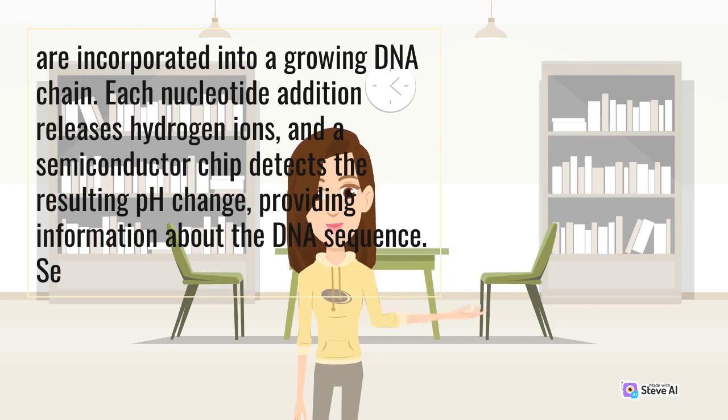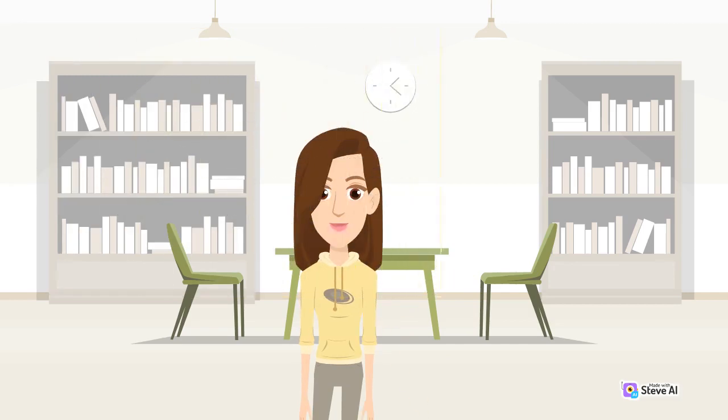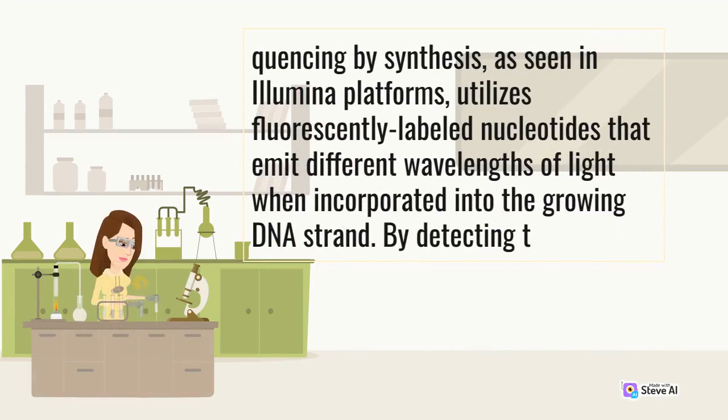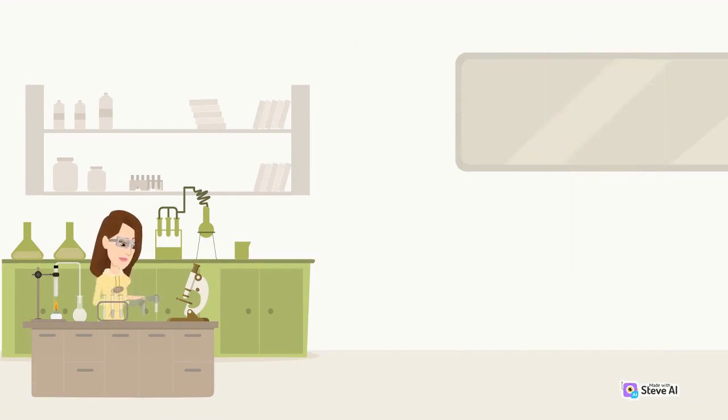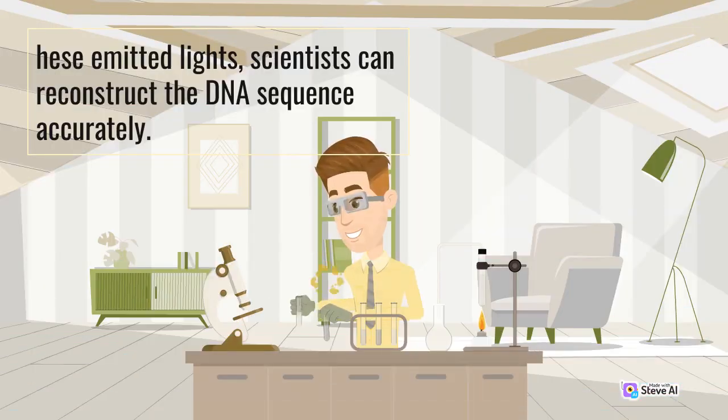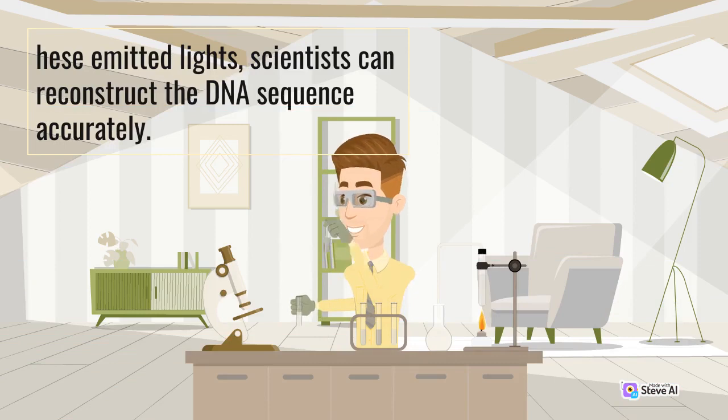Sequencing by synthesis, as seen in Illumina platforms, utilizes fluorescently labeled nucleotides that emit different wavelengths of light when incorporated into the growing DNA strand. By detecting these emitted lights, scientists can reconstruct the DNA sequence accurately.